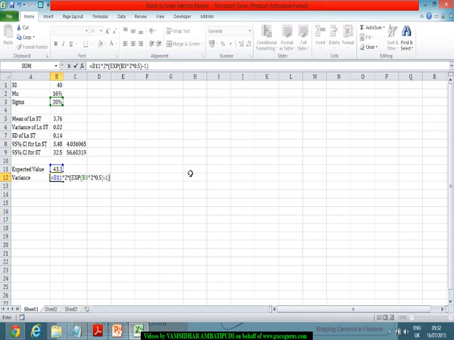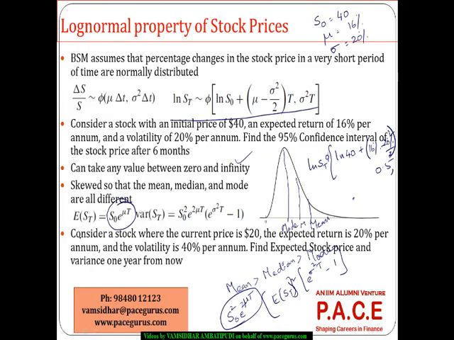So this is the variance. I take the square root of it, and it works out to be my standard deviation. So just like that, consider a stock where the current price is 20 and expected return is 20%. Find the expected stock price and variance 1 year from now. We have already got that situation.